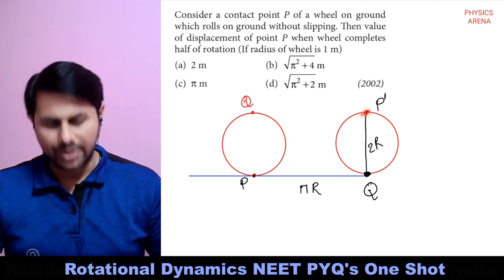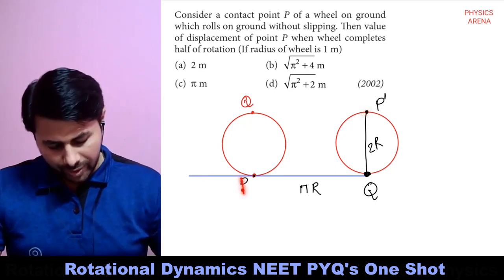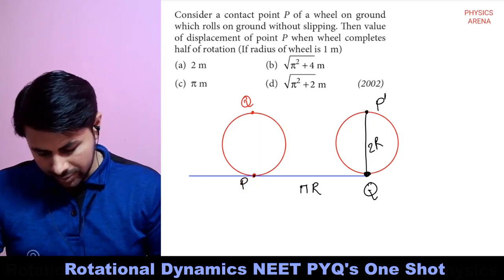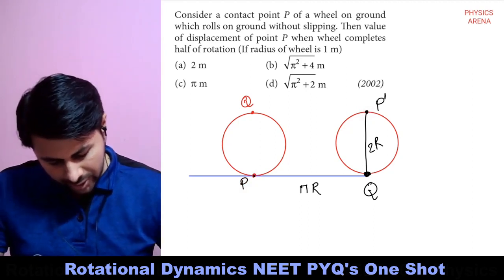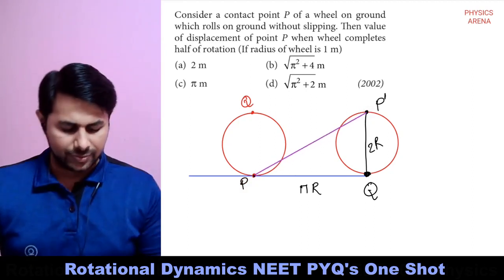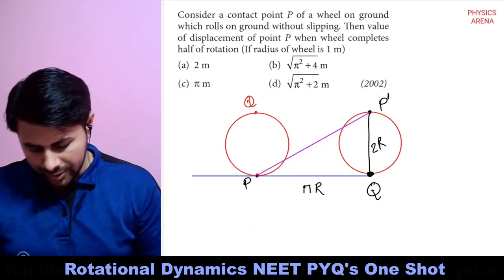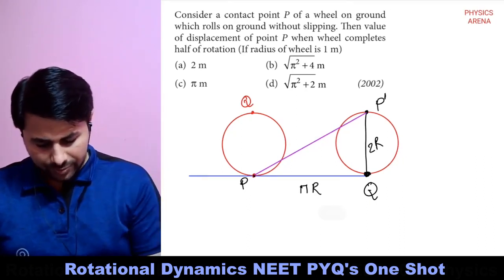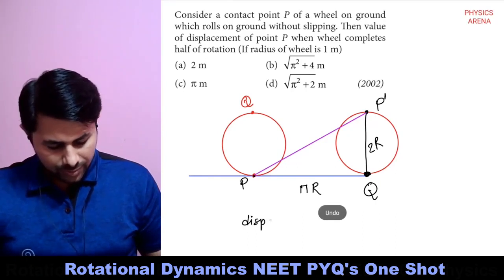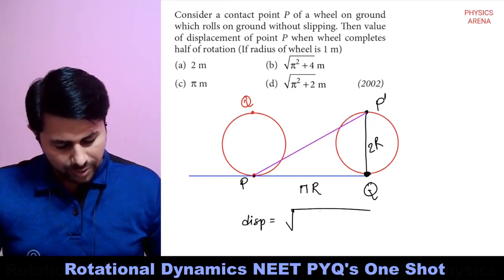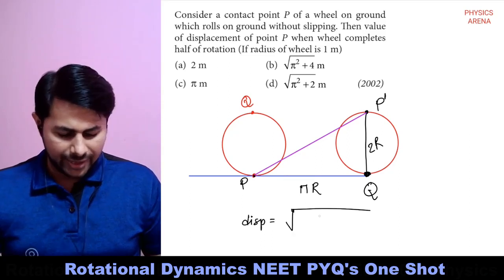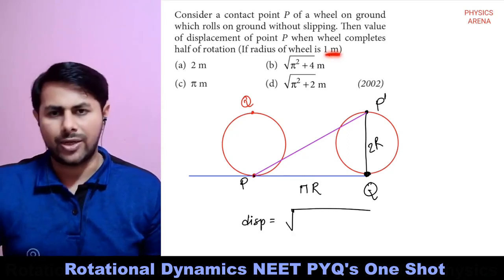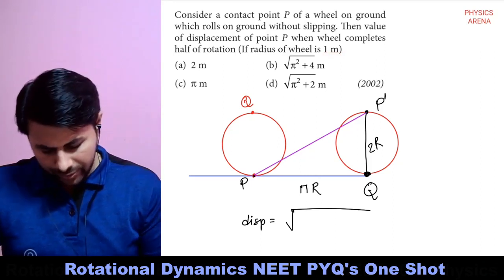So what is the displacement of this point P? Let's suppose this point is P dash. P goes from here to here. So this much would be the displacement, right? Displacement is equal to the square root of (pi r) squared plus (2r) squared. And r is equal to 1.